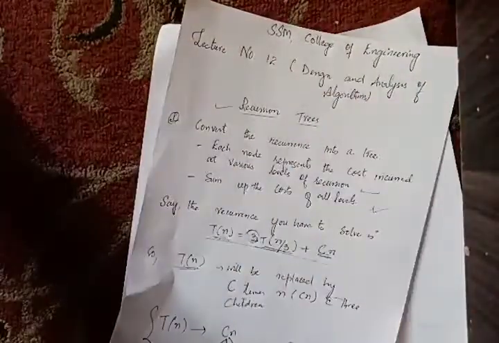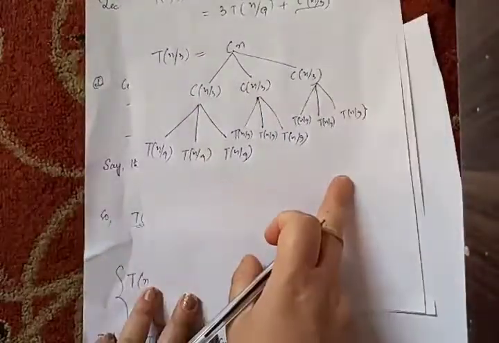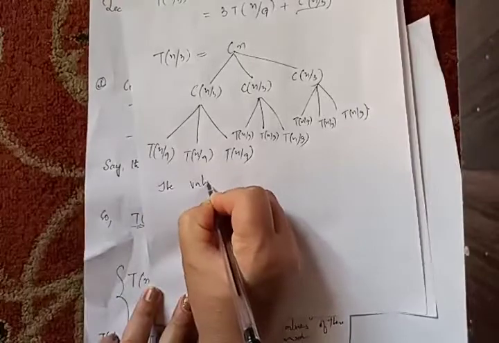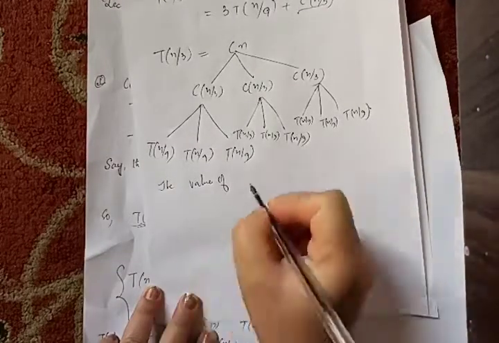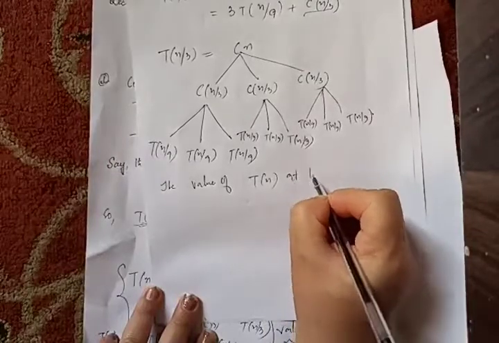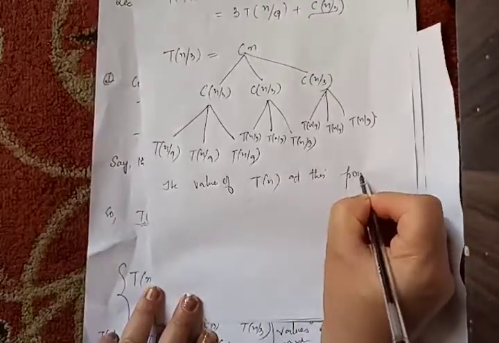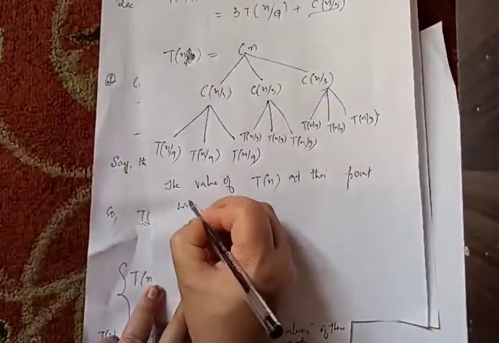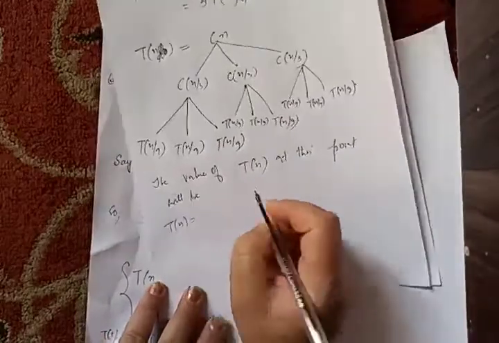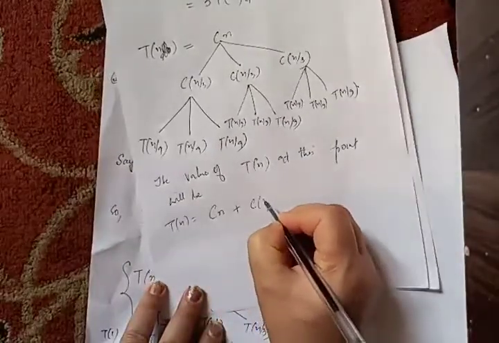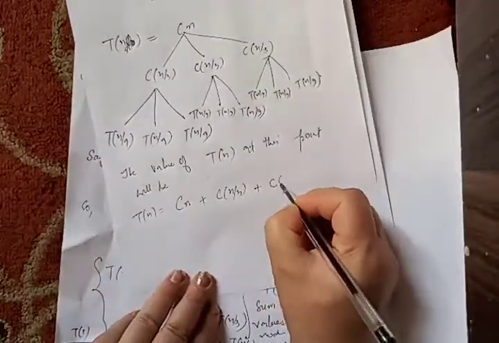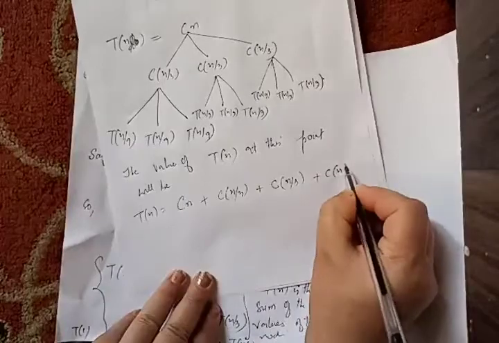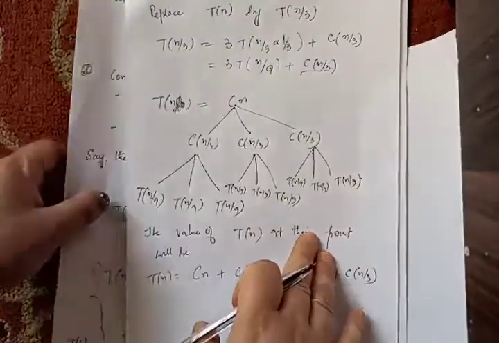Remember that after applying the second level of recursion, the value of T(n) at this point will be c·n plus c·n/3 plus c·n/3 plus c·n/3.